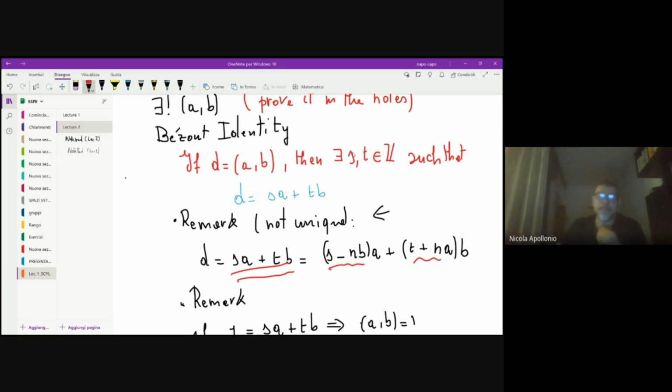We will see this from a theoretical point of view, and you will implement this from an algorithmic point of view.